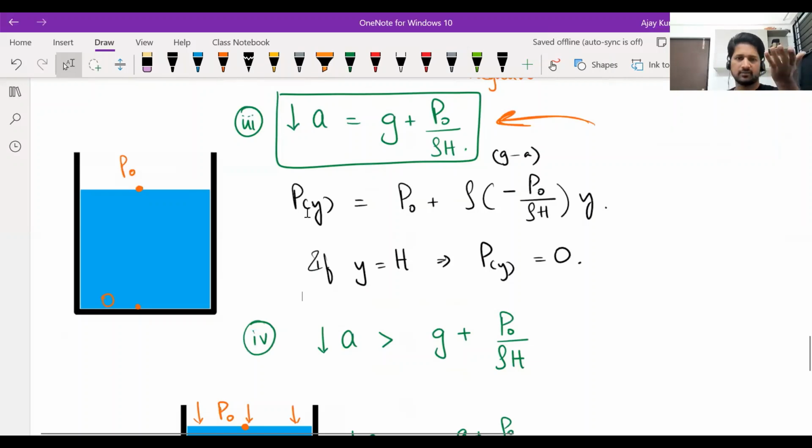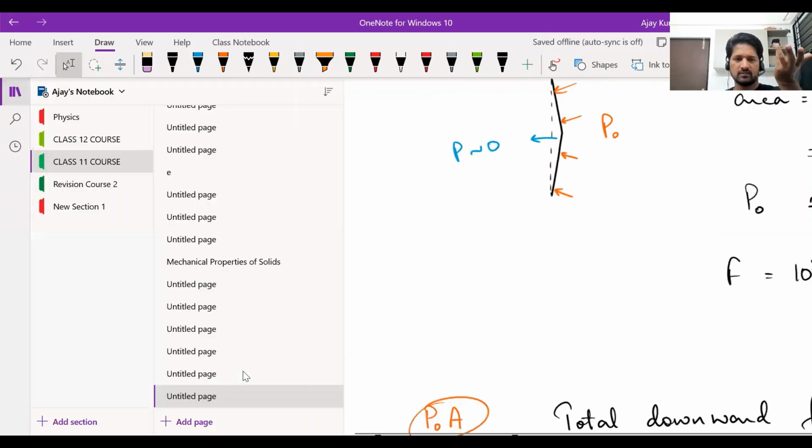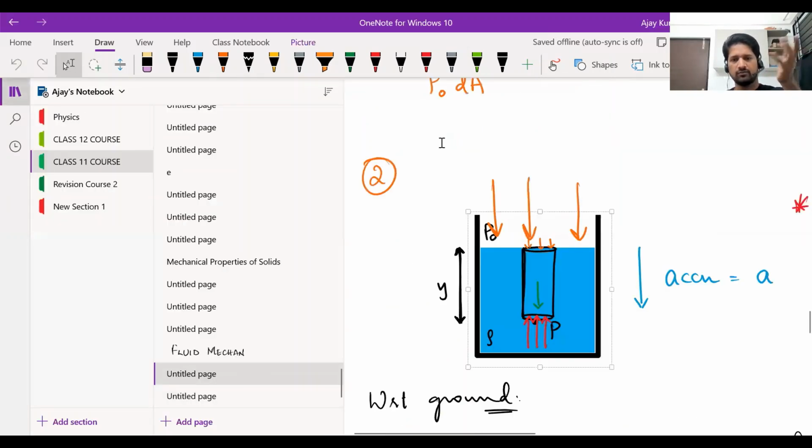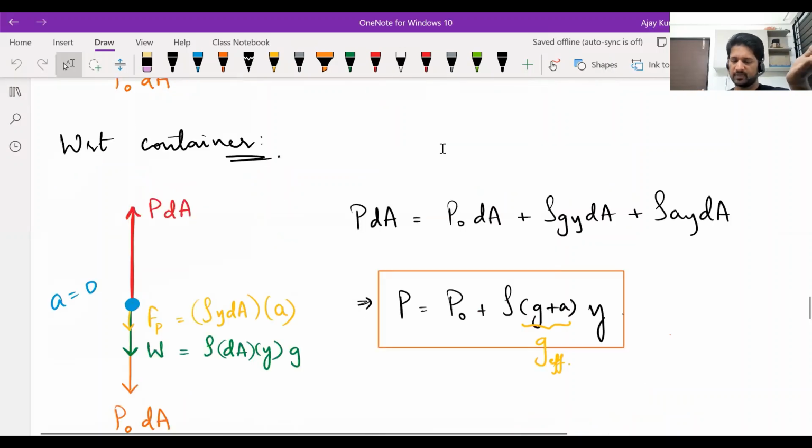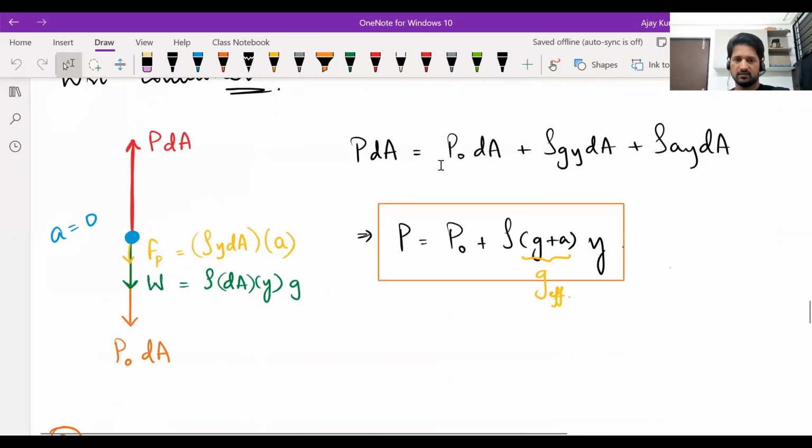If the container is accelerated upward, it's a straightforward case. The gravity effect will be there, and the pseudo force effect also will be there. They'll add up. Effective gravity is g plus a. So pressure will increase as you go down, with a higher gradient, you can say. More rapidly it will increase with depth if the acceleration of the container is upward.